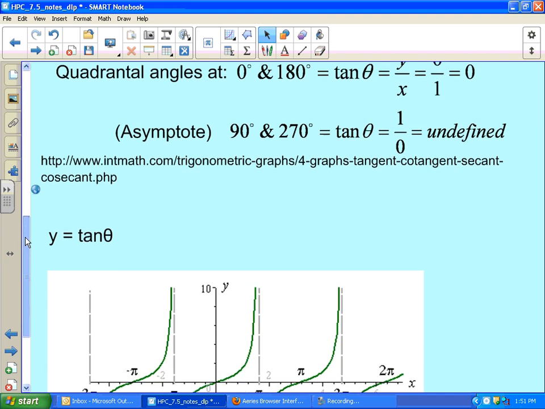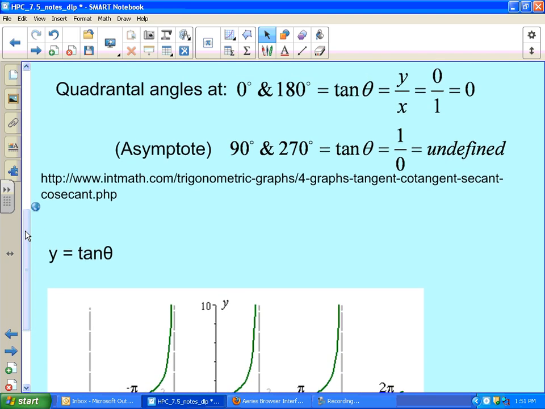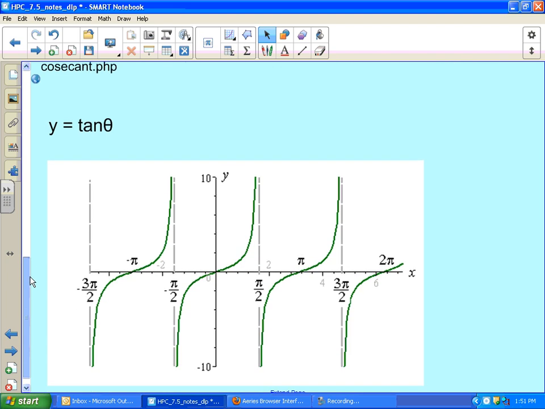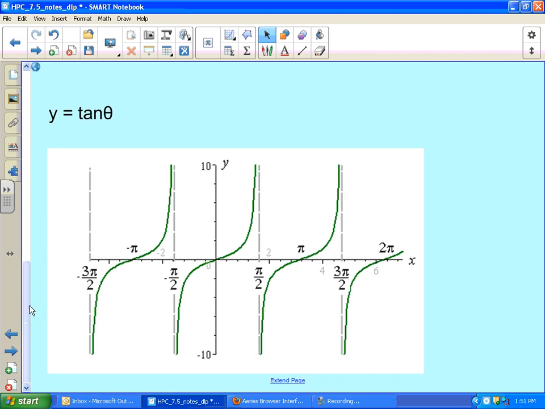Those are my x-intercepts. So if I simply plotted vertical asymptotes and x-intercepts, this is what I would get. X-intercept, x-intercept, and so on. And then you can see the vertical asymptotes through negative 90, positive 90, 270, negative 270.